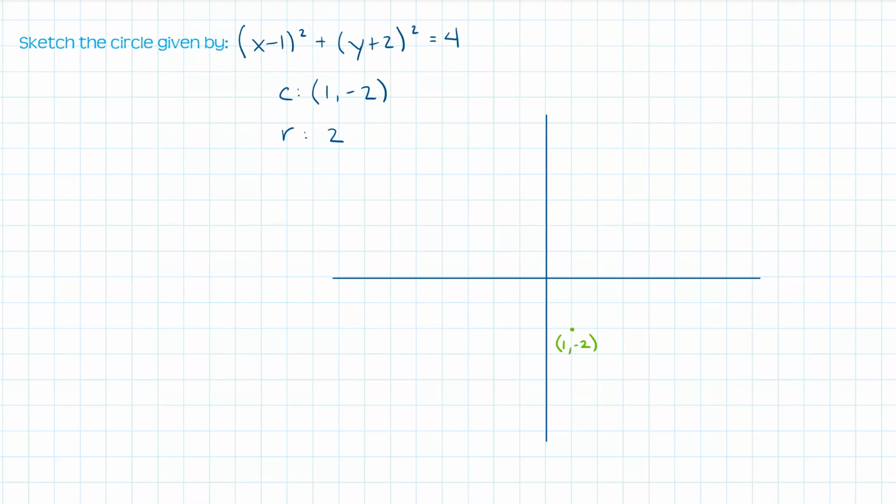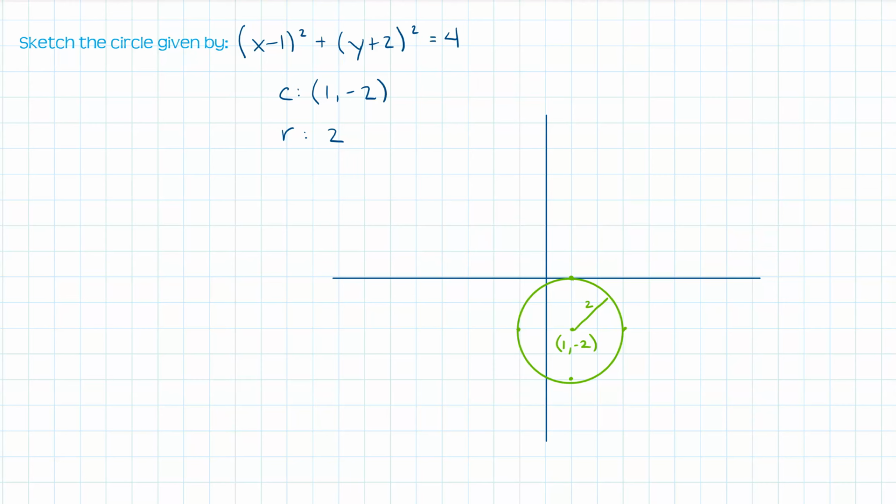Then my radius is 2, so I'm going to go 2 up, 2 over, 2 down, and 2 over. I'm going to do my best to make this look circular. And it's not going to be perfect, but it's pretty darn close. And then I'm going to show that, look, no matter how perfect or imperfect it is, I mean for the radius to be 2.